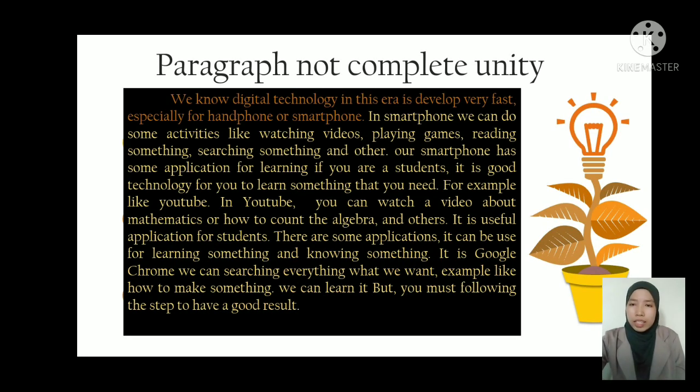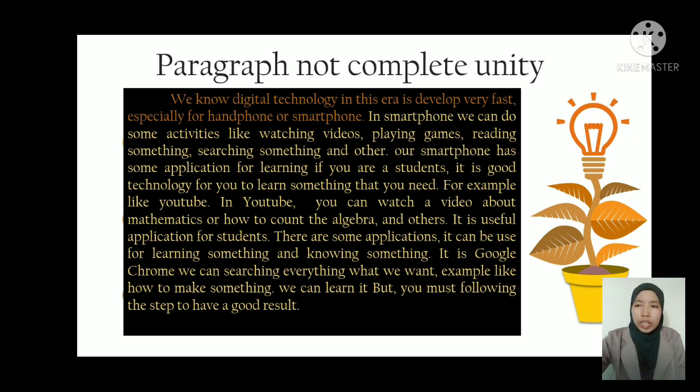Okay, the next slide is a paragraph without complete unity. You can see that the first sentence is the topic sentence, and the next sentence is a supporting sentence. But in the last sentence, the writer doesn't write a conclusion.